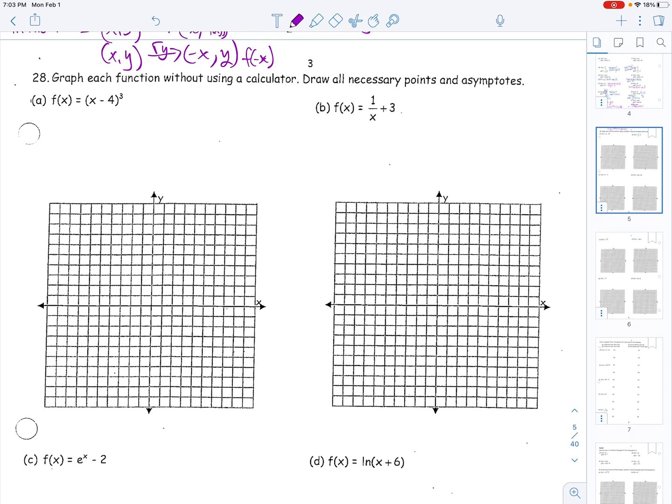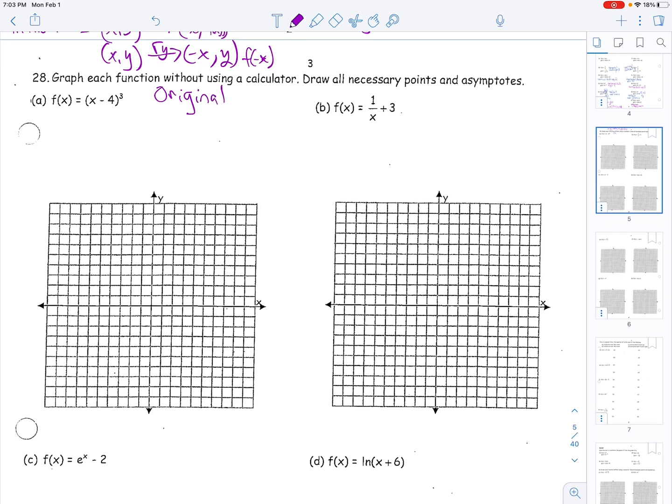All right, so let's try to do this without a calculator. x minus 4 quantity cubed. So what am I thinking about here, in terms of how to graph this without a calculator?